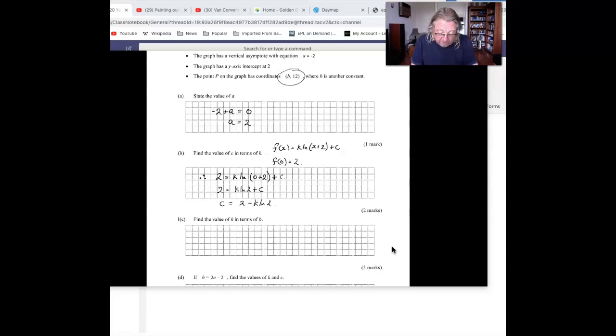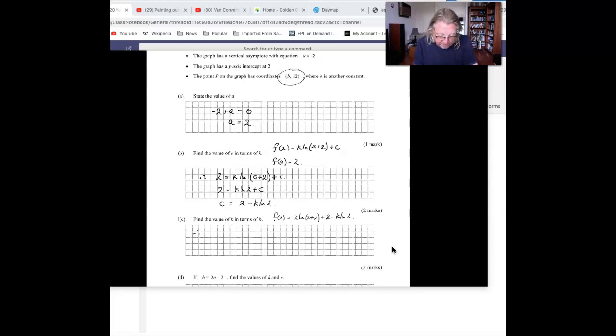We can rewrite the function as f(x) = k log(x + 2) + c, which is 2 - k log 2. Okay, and we can substitute into that the coordinates of (b, 12).